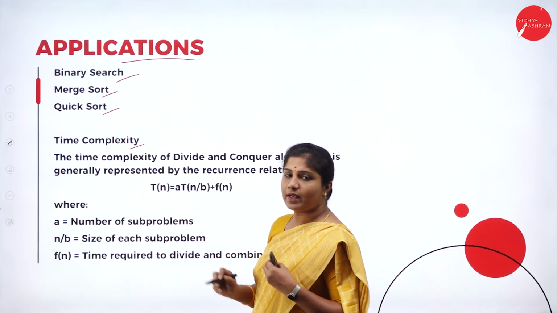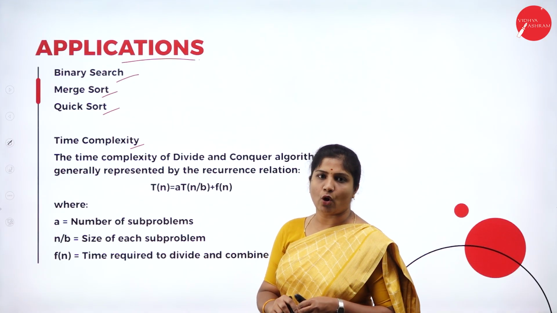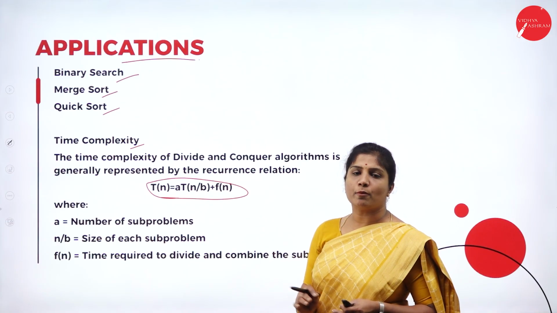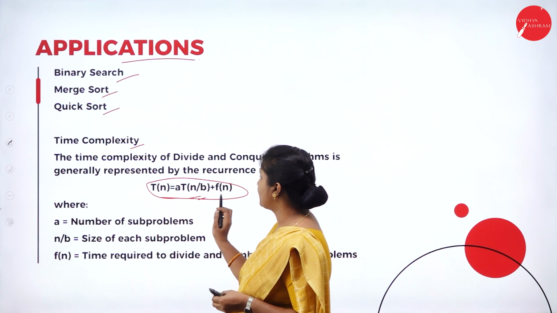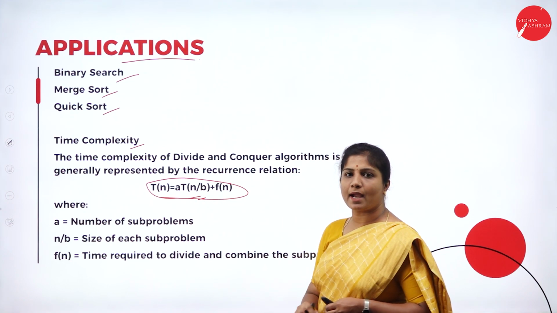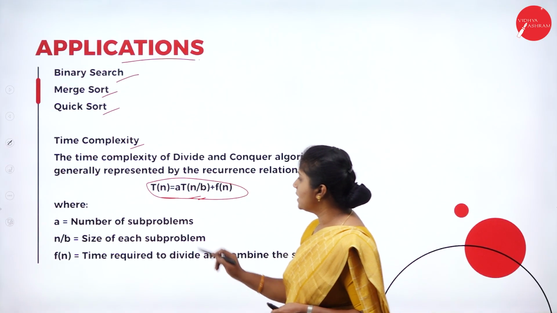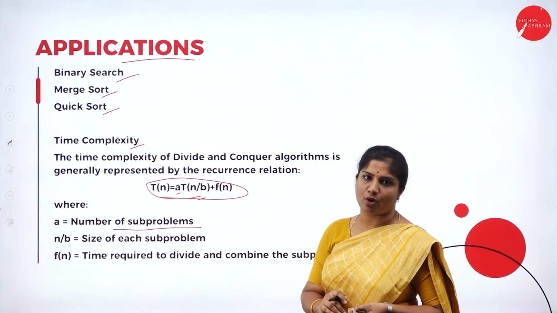As we are using a recurrence function here, or recursively calling the method, the time complexity is denoted by this expression: T(n) = a * T(n/b) + f(n). So what does this a stand for? It stands for the number of sub-problems.